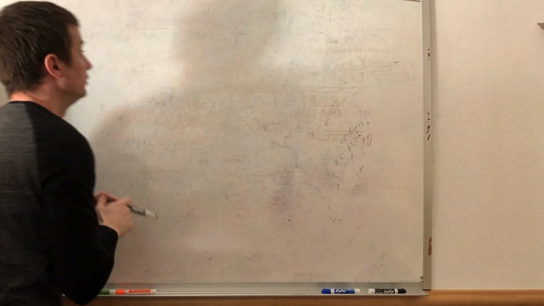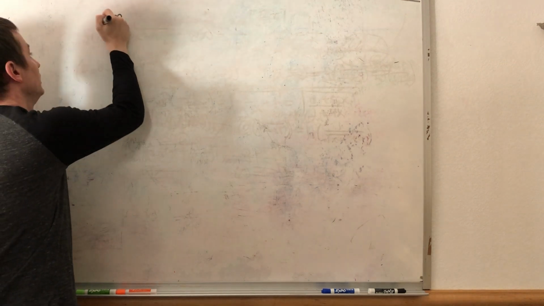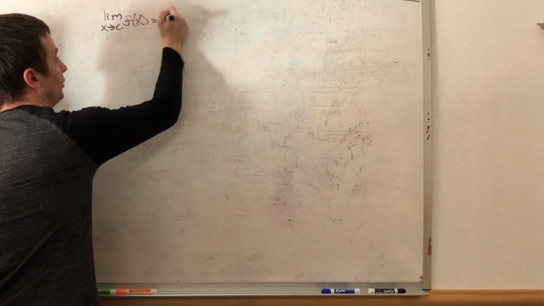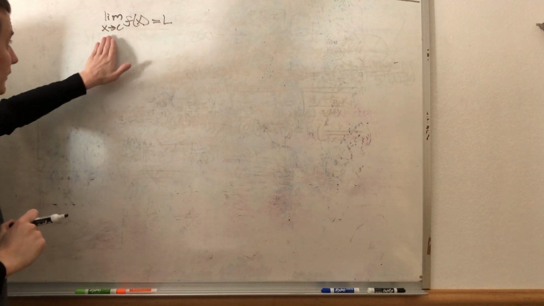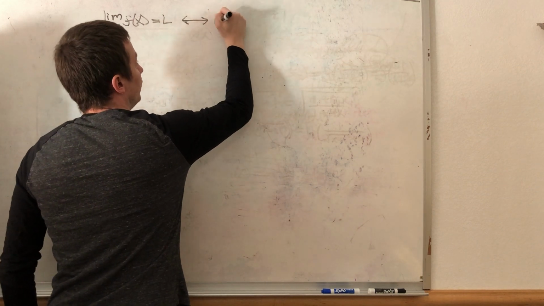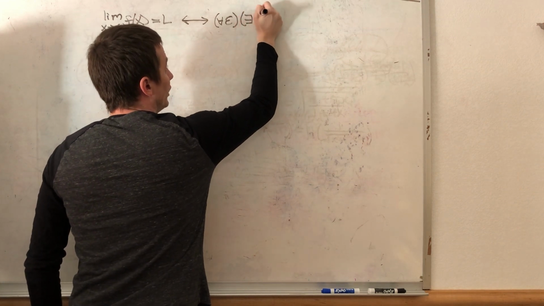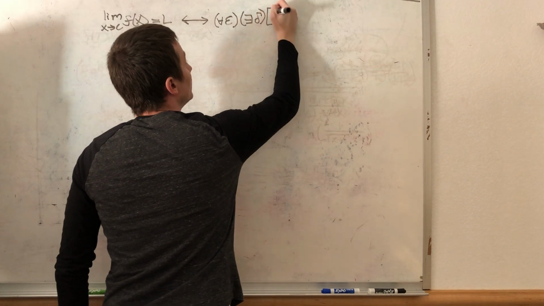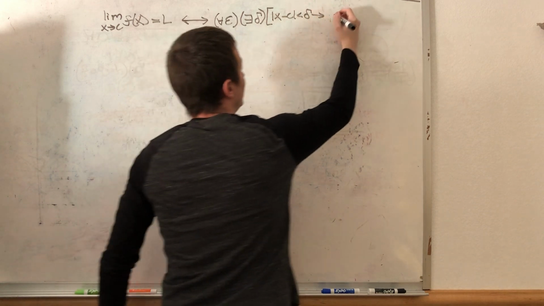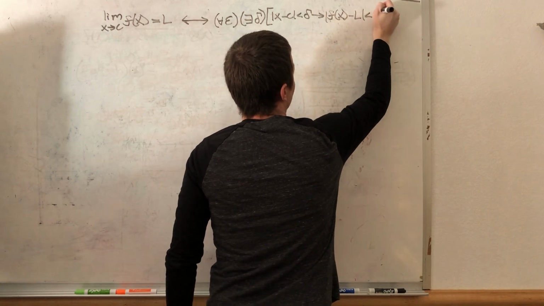So remember, in general, when we say that the limit as x approaches c of f of x is equal to L, I think this book usually uses a c, that is logically equivalent to saying that for every epsilon greater than 0, there exists a delta greater than 0, such that if the absolute value of x minus c is less than delta, then the absolute value of f of x minus L is less than epsilon.